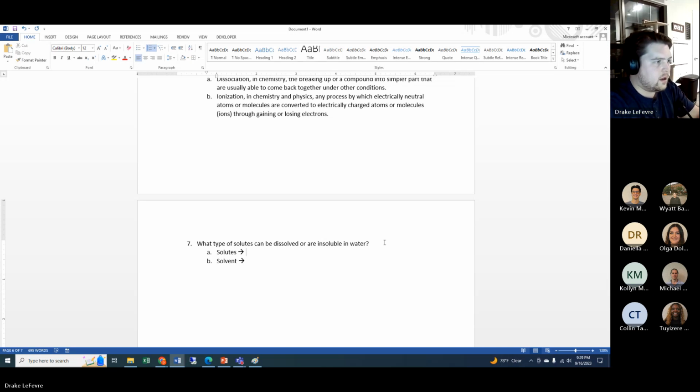Solutes are the stuff that you are putting into the liquid. Solvent is the liquid you are putting stuff into. Solutes are the stuff, solvent is the liquid.